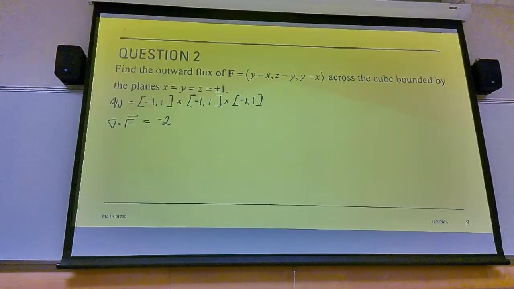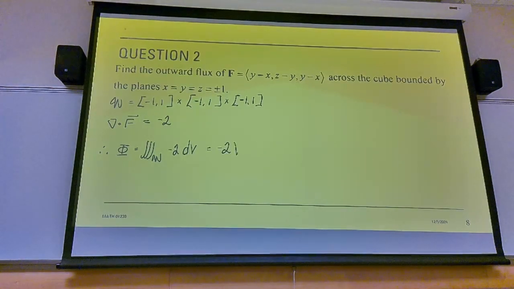So the flux is a volume integral. So that's -2 times the volume of the region.